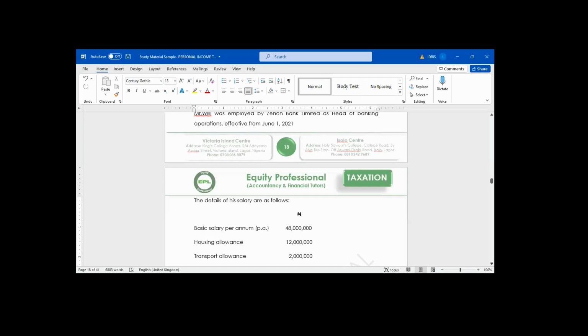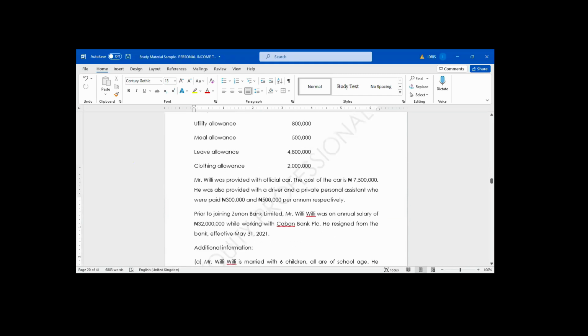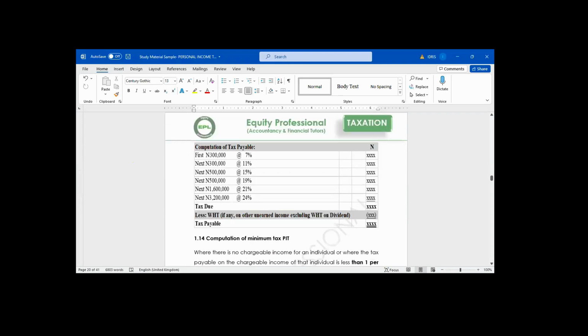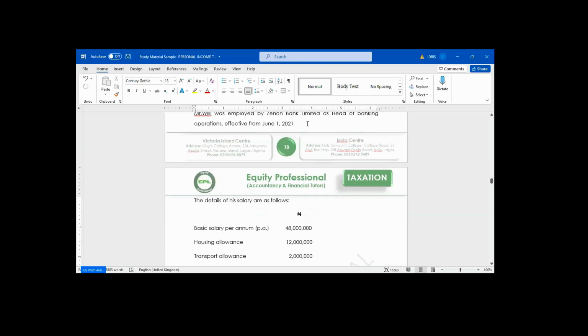It is for 2021. That means our year of assessment will be 2021. Now, look at Mr. Willie. Before working in this Zenon Bank starting from June 2021, from January to May, where was he working?